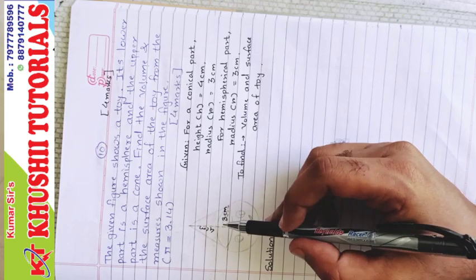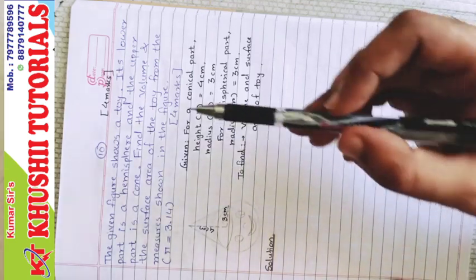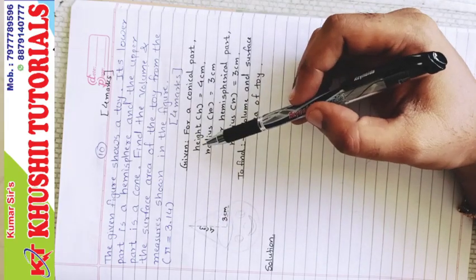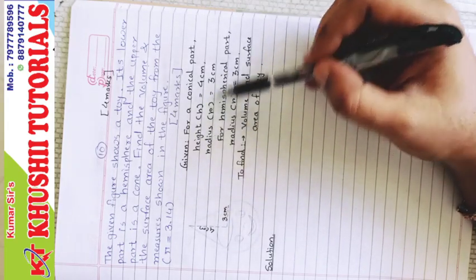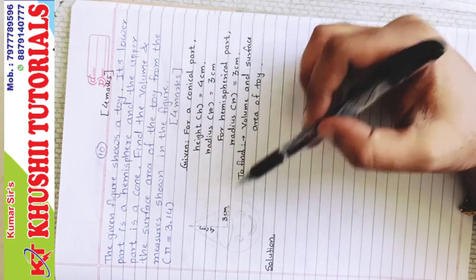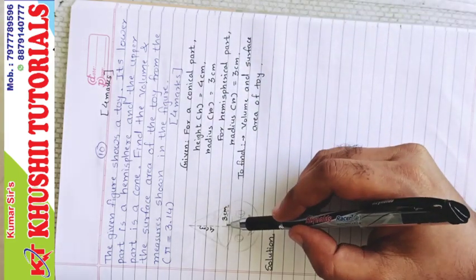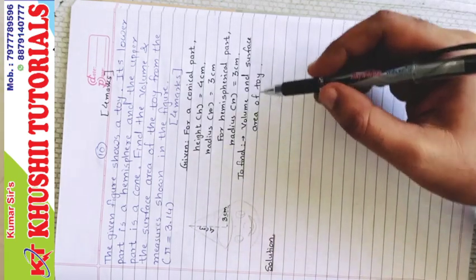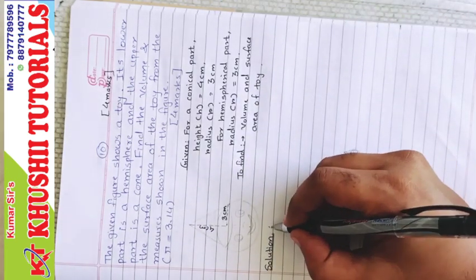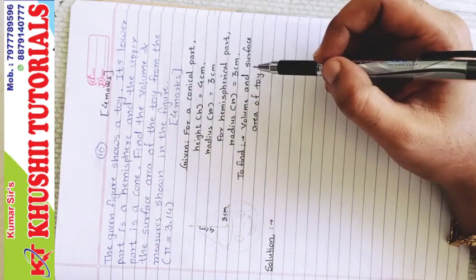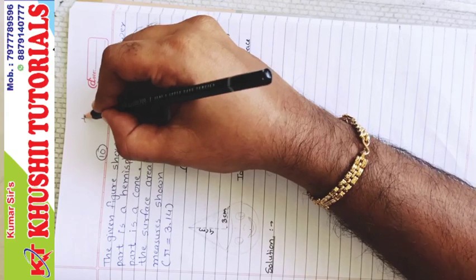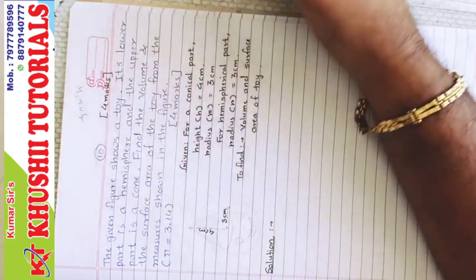For the volume, you should know the formulas. Given, for the conical part, height is 4 and radius is 3, and for the hemispherical part radius is 3. Common sense, because this radius is 3, this radius will also be 3. Volume of cone is 1/3 pi r square h.